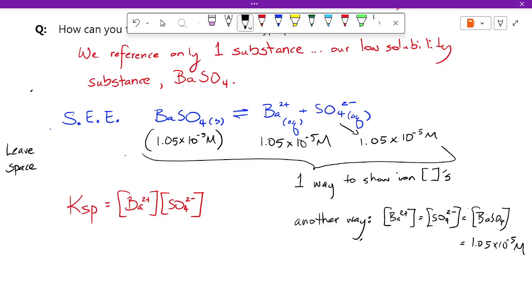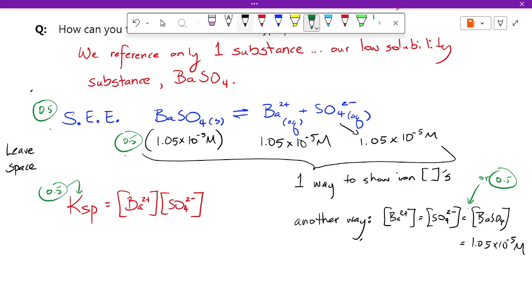So we get 0.5 marks for the ion concentrations, and we get 0.5 for our KSP expression.